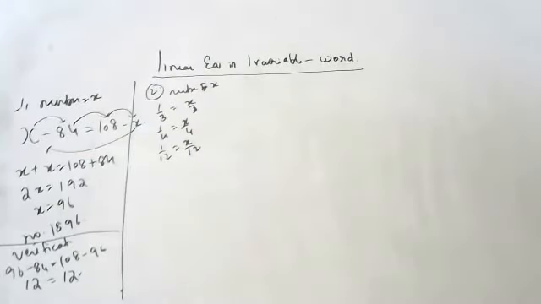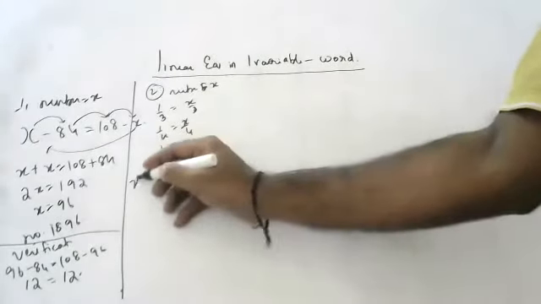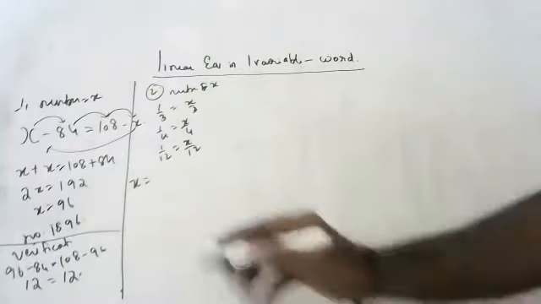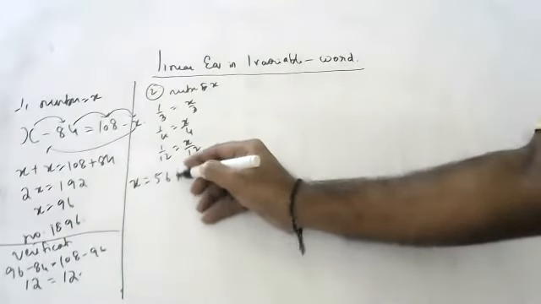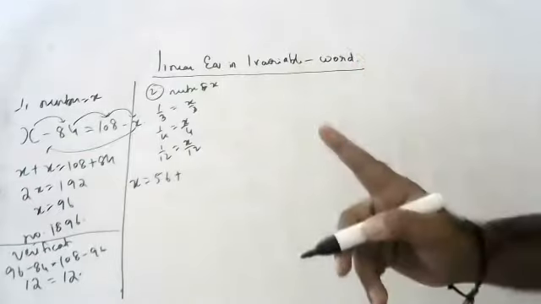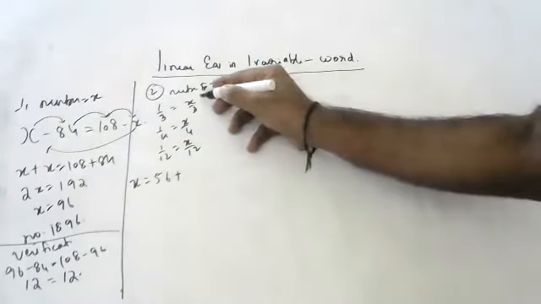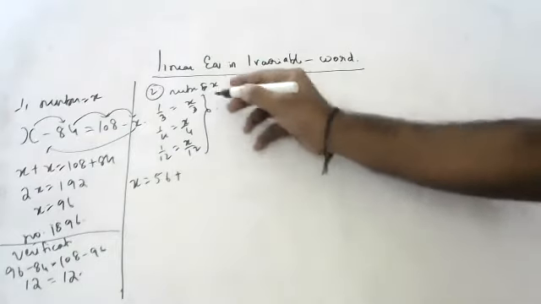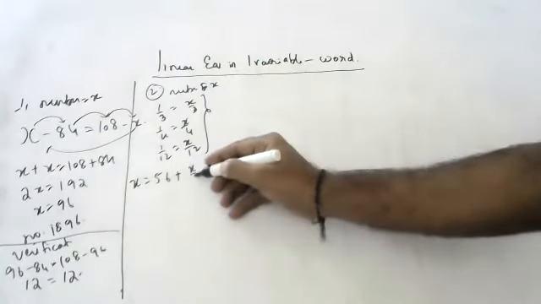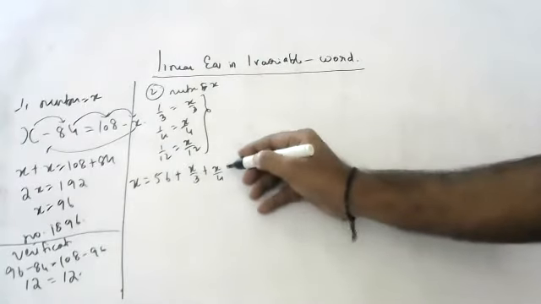He's saying the number is 56 greater, or more, which means plus 56, than the average of all these. Average of all this means (x by 3 plus x by 4 plus x by 12) by 3. Very good.